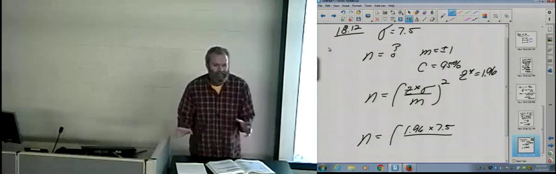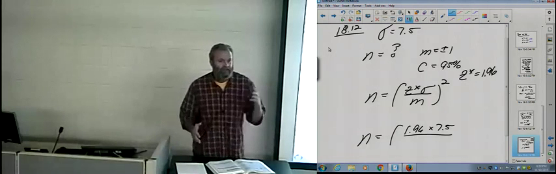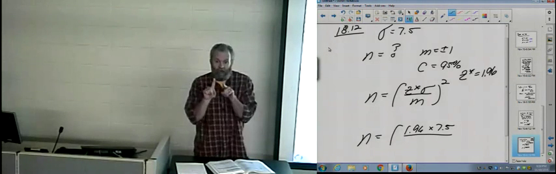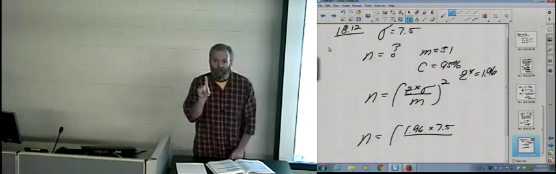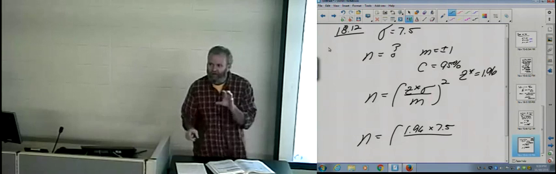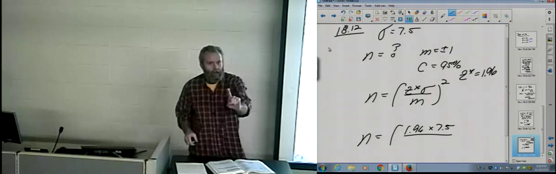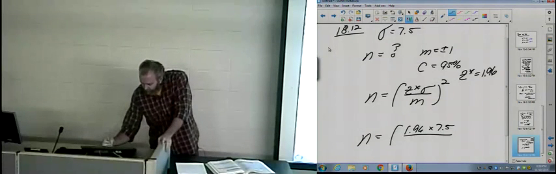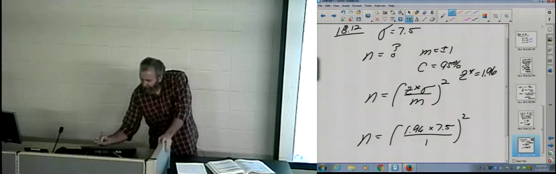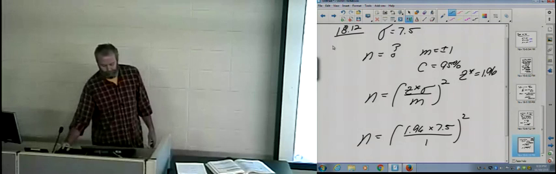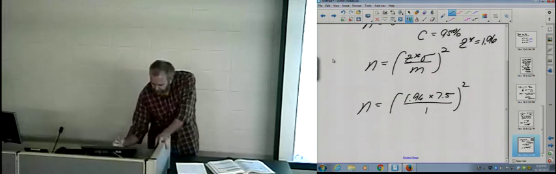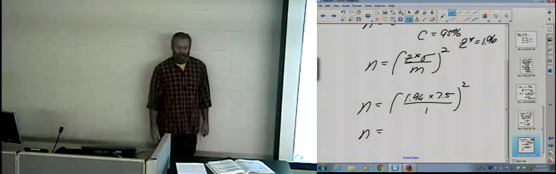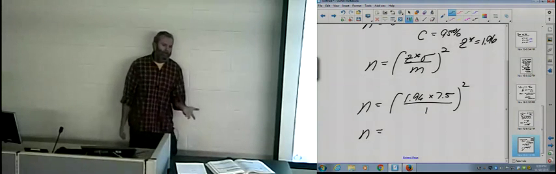The plus or minus is just telling you you're going to add it and you're going to subtract it. You don't have to worry about the plus or minus here. I wrote that so you knew that was the margin of error. The margin of error here is 1. And then you're going to square that. So we're going to get n is equal to whatever 1.96 times 7.5 squared is.